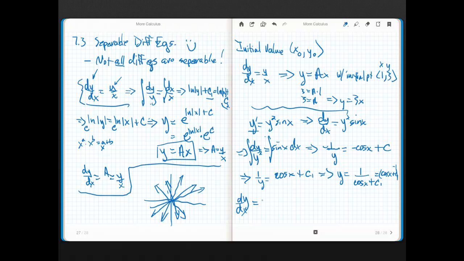That's going to make it easier for me. So I'm going to get negative 1 times cosine of x plus c1 to the negative 2 times negative sine of x. Those negatives cancel, and I end up with sine of x over cosine of x plus c1 squared.